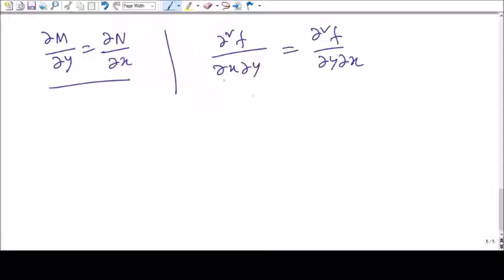So we can say that the first order partial derivatives of M and N are also continuous in that interval.